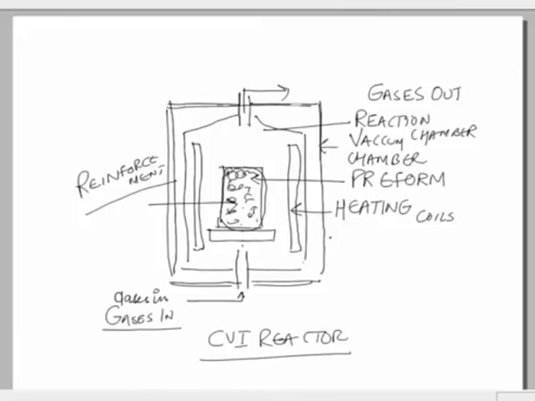In case of polymer matrix composites, if you remember, we are taking the reinforcement, we are taking the matrix, and we are combining the two things together. But in this particular case, the difference is that we are generating the matrix and depositing it onto a porous structure of the reinforcement.